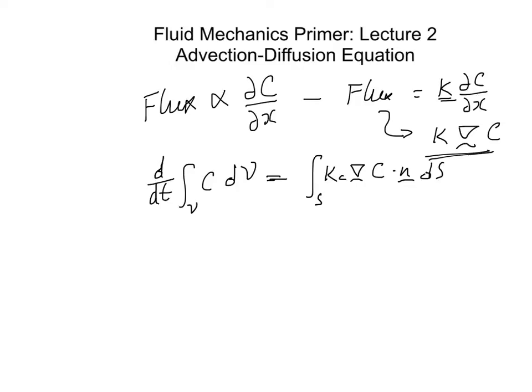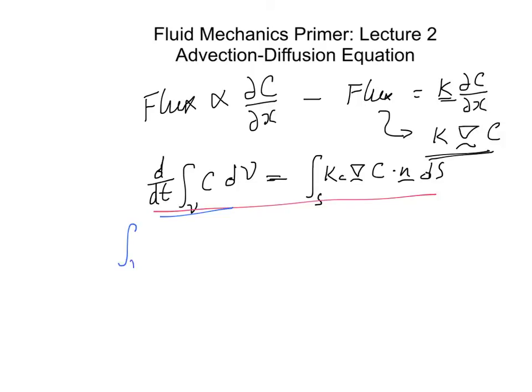So this is a lovely integral equation which we've now got to do something with, because as mentioned in the last lecture, these equations are much easier to deal with in point form. To get to this, I'm going to go through very similar steps to those I used in the last lecture. The first is to apply Leibniz in 3D, and that's going to be applied to this left-hand term.